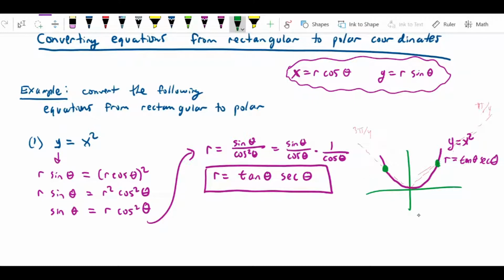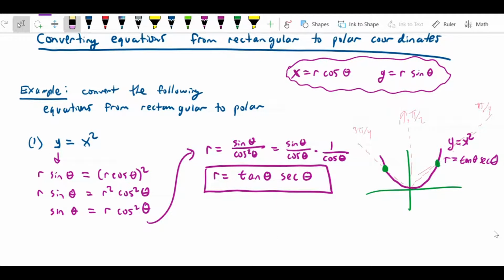It's going to give me that point. And what if I asked it about the radial line pi over 2? Notice that there's nothing directly above this parabola. I can go as high as I want and I'm not going to find any points on the parabola. No surprise, because tangent and secant are both undefined at pi over 2. They would give infinity. So here's an example of how to convert a fairly familiar rectangular form into its equivalent polar form.